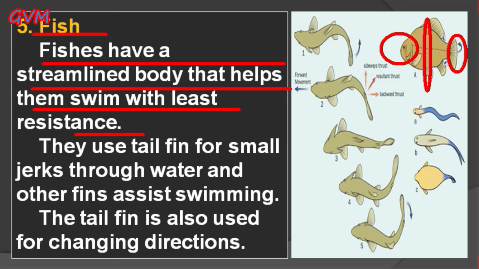And students, the fishes use their tail fin for small jerks through water, whereas the other fins help in swimming. And the tail fin is also used for changing the direction in water.